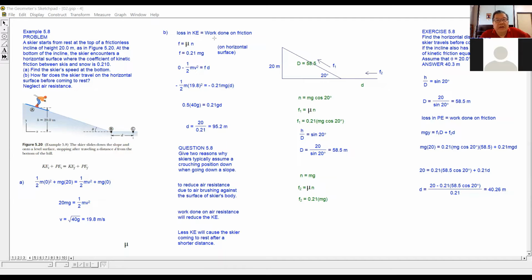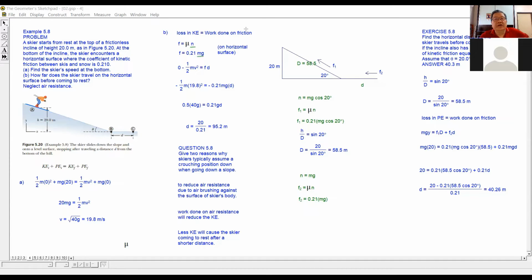Before that, you have to calculate the frictional force at the bottom of the slope. The frictional force is F equals mu N, where mu is the coefficient of friction. At the horizontal surface, the normal reaction is mg.